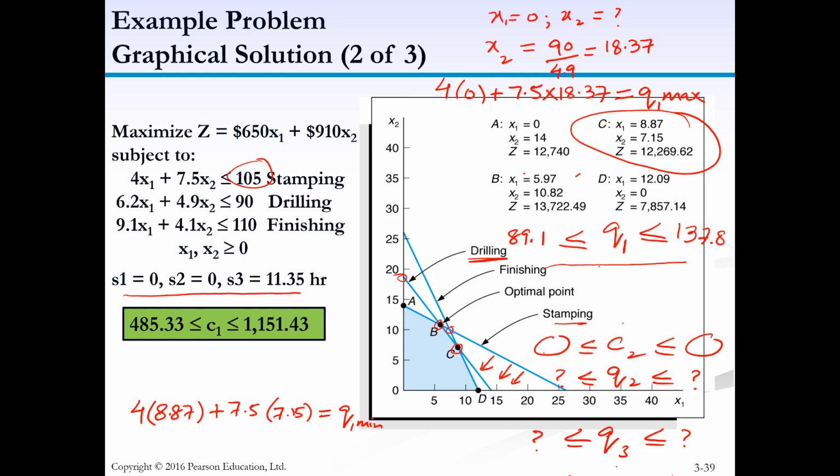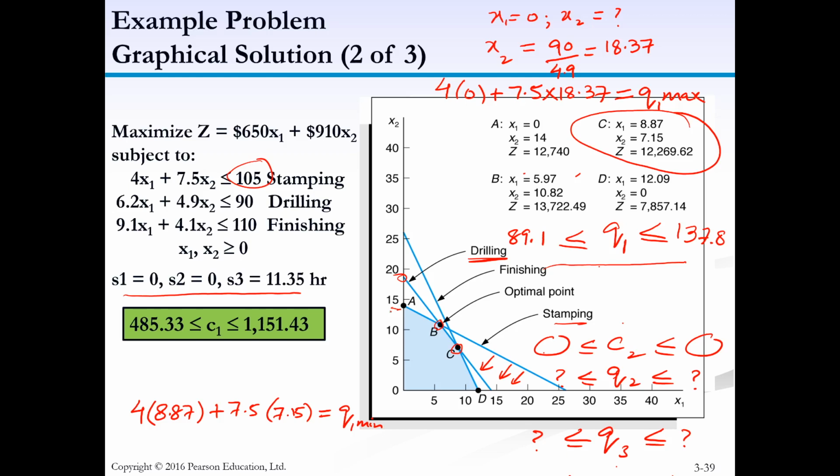So you have to work out the intersection between the finishing constraint and the stamping constraint, solve it, and you will have the Q2 maximum. For Q2 minimum you have to move the drilling constraint towards the origin, and it will be point A there. So you will work out for Q2, and similarly you can work out for Q3, etc.